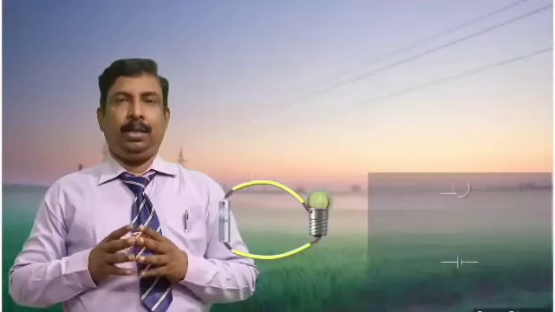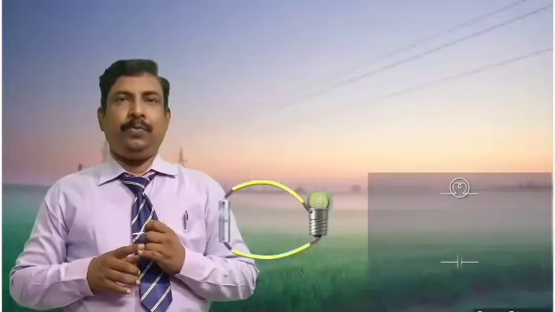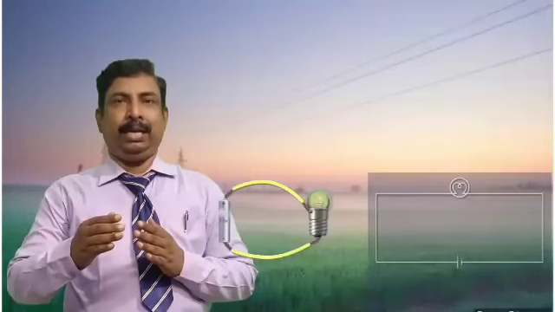Now we are going to see three in-text questions. In the first question, what does electric circuit mean? The continuous flow of electric current without disturbance, that entire path we call an electric circuit.